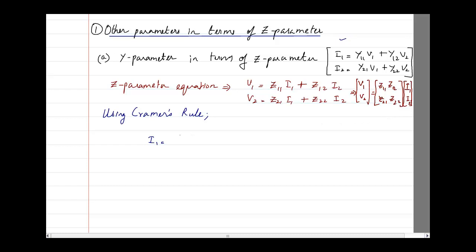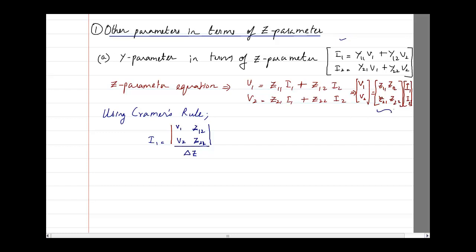Okay, so how do I find out I1? According to Cramer's rule, I have to find out what is the determinant of, by replacing this as V1 V2, Z12, Z21 Z22 divided by delta Z. What is delta Z?